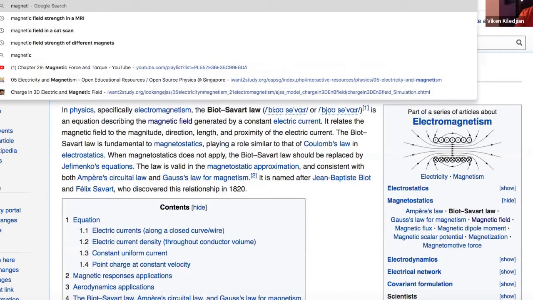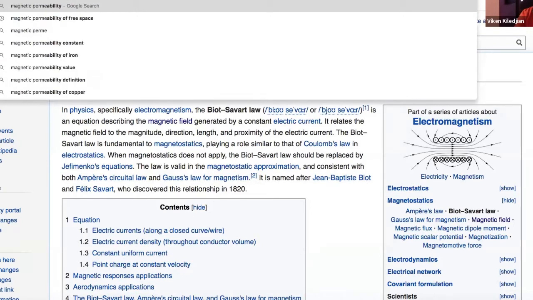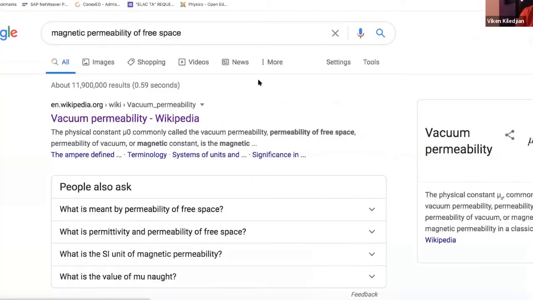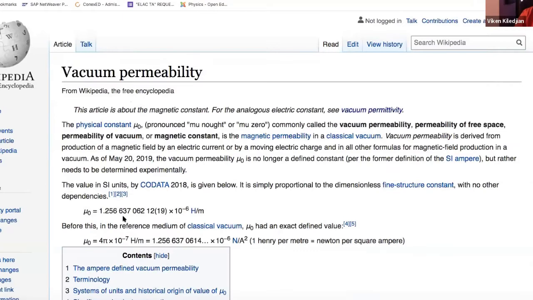Magnetic permeability. So that mu 0 number is called magnetic permeability, and that is this number. Or it's just easier to remember it as 4 pi times 10 to the minus 7.